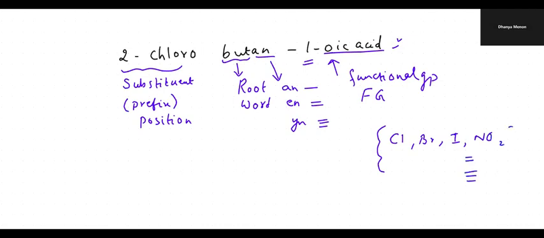Although they do give specific properties to the compound, they are considered as substituents. They are considered as substituents, although their presence also gives some specific properties to the compound. So they are substituents according to IUPAC.